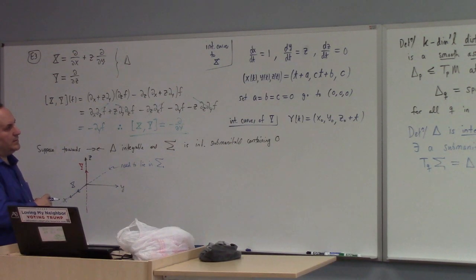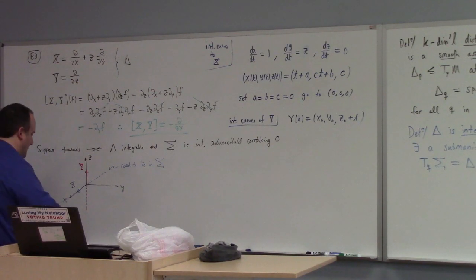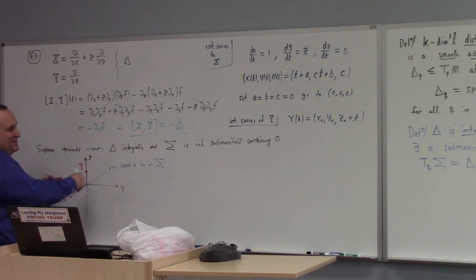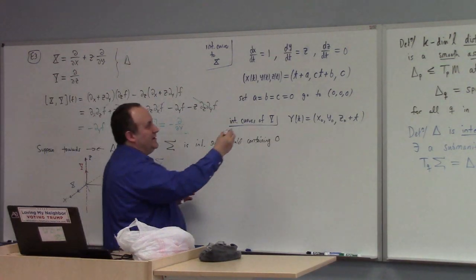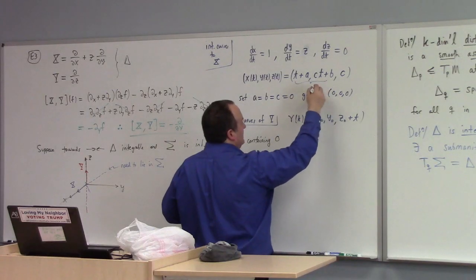So it can't travel just along the z-axis. Oh yeah, so you're saying that the integral curves of x, they might look like this right at the origin, but they've got some kind of slant to them. In my picture I can't draw it, but like you said, they're going in the y direction here as well.